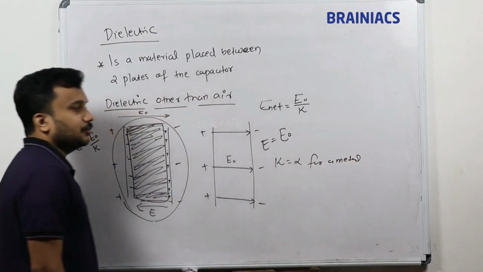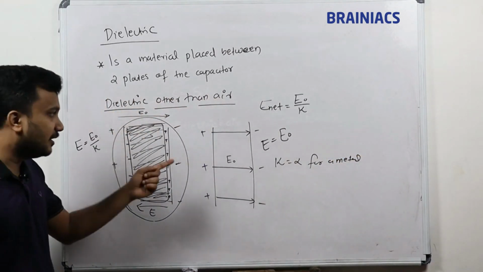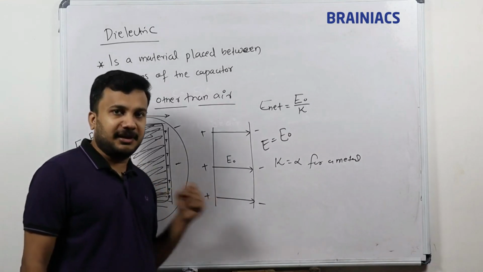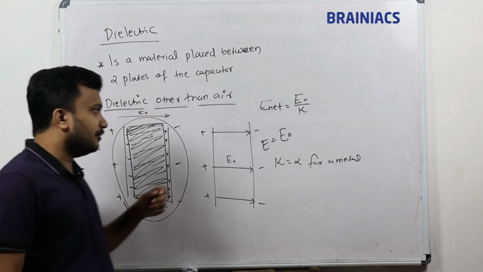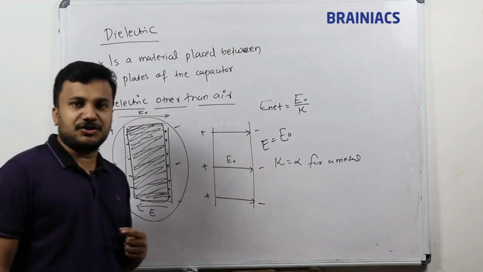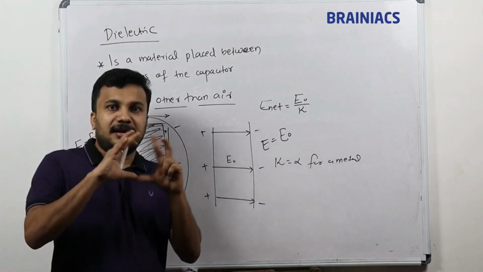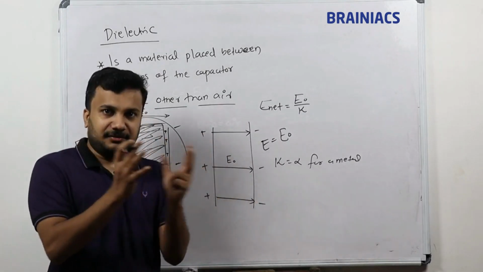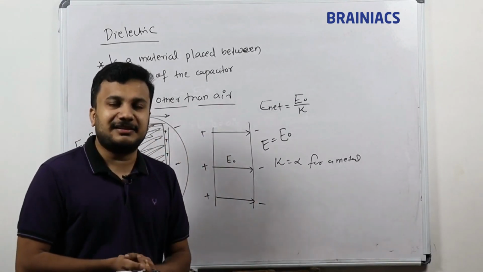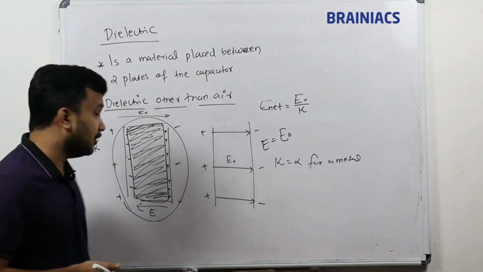Instead of just memorizing these expressions, what is the electric field within a metal? Within a metal, the electric field will be equal to 0.